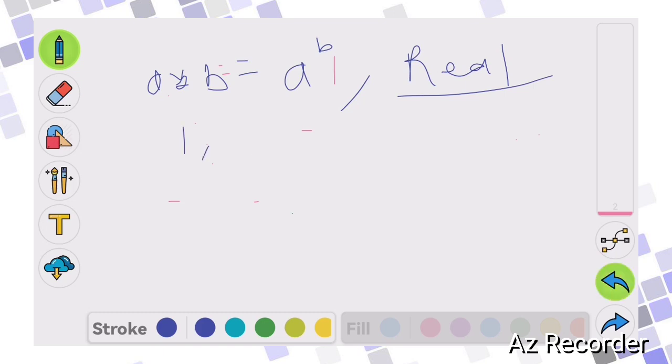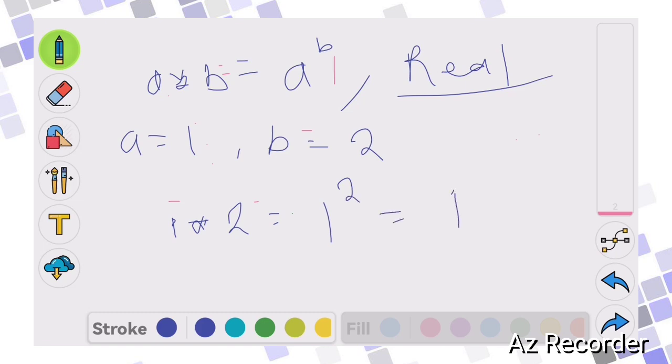This simply means that a will be equal to 1 and b will be equal to 2. So 1 star 2 is equal to 1 to the power 2. 1 to the power 2 is what? 1. Is 1 a real number? Yes, it is. So therefore, this is true.